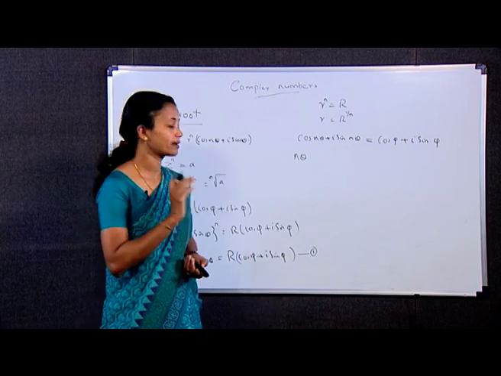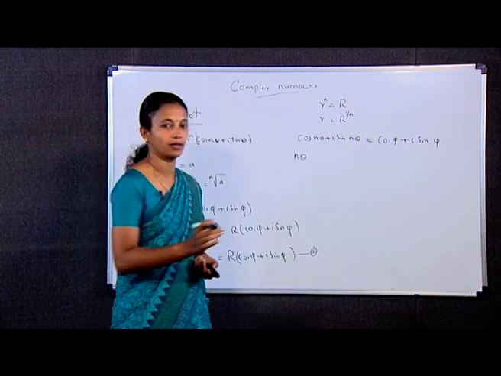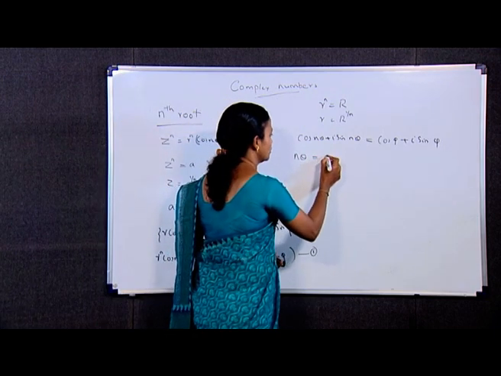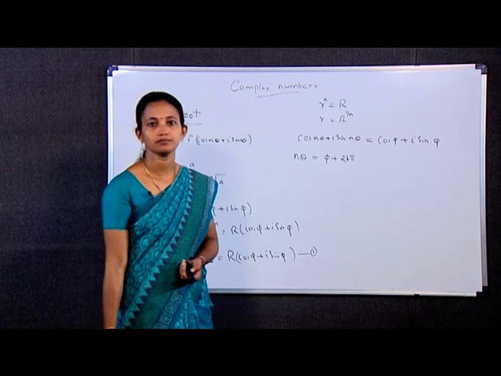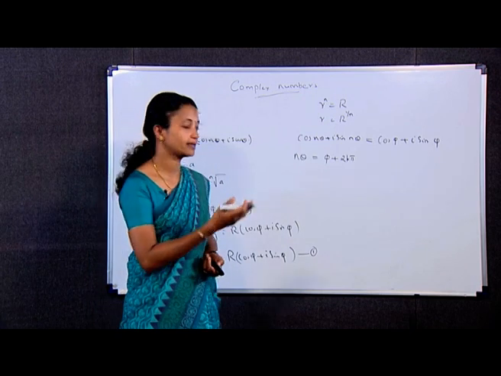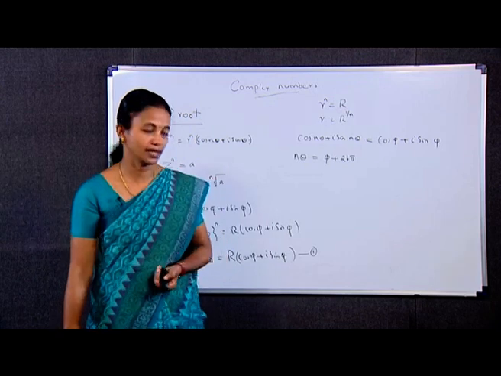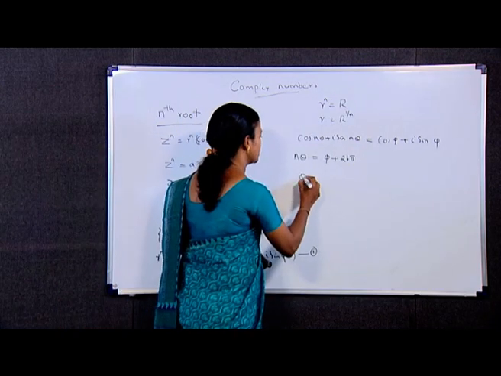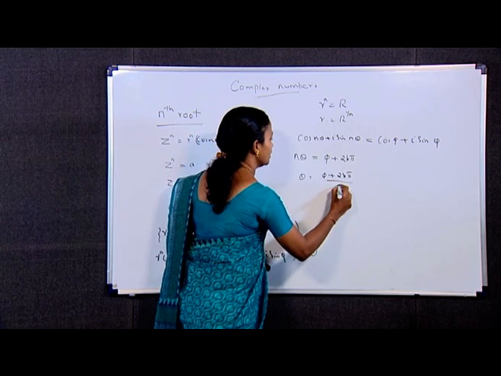That is, we can write n theta is equal to phi plus 2k pi, where k can take the values 0, plus or minus 1, plus or minus 2, etc. Or we can write theta is equal to (phi plus 2k pi) by n.